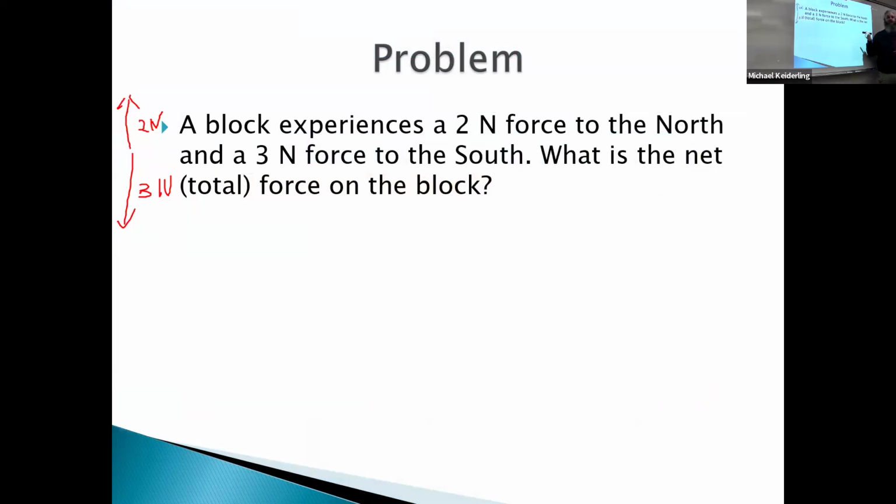So here, if you have a block experiencing a 2 Newton force to the north and a 3 Newton force to the south, what do you think the total or net force on this block is? 2 Newtons north and 3 Newtons south, as shown in my little sketch.